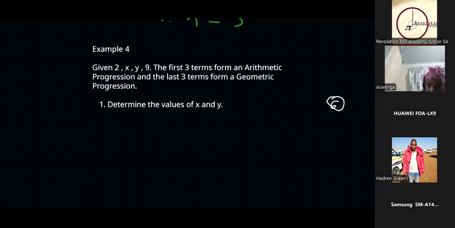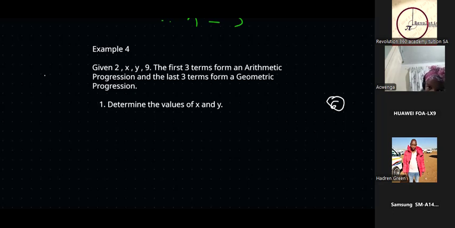I don't want to keep you long. So when they say the first 3 terms form an arithmetic progression, you understand that it is an arithmetic sequence.